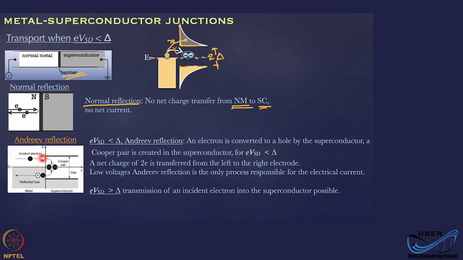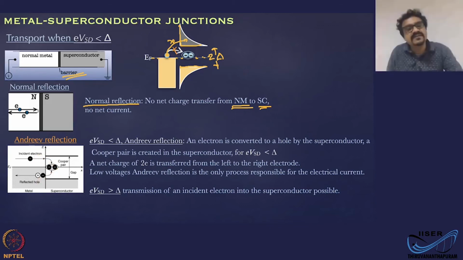The mechanism is illustrated here. What happens is, say an electron is approaching the junction, approaching the interface from the normal metal side, then naturally it cannot go here.